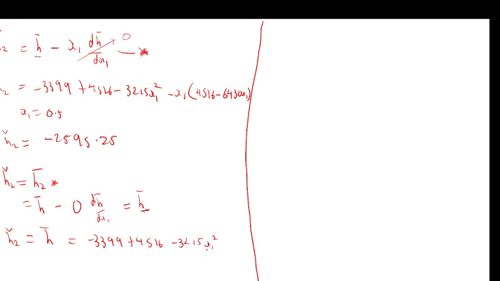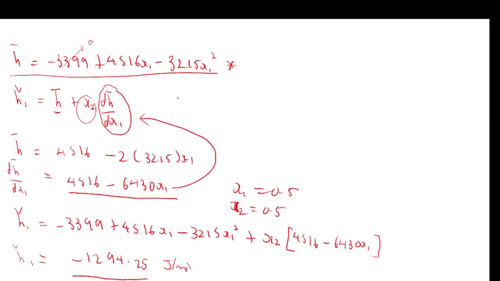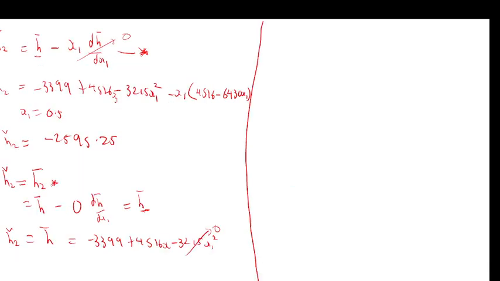But once again, x1 is going to be 0, so this whole term can go to 0. There's supposed to be an x1 here. Sorry about that. Yes, it's supposed to be an x1 here. So this value is still correct though. So this one will also go to 0. So my final answer will be minus 3399. Right, so that's what we have to keep in mind.